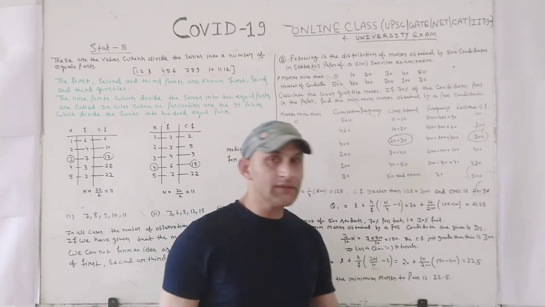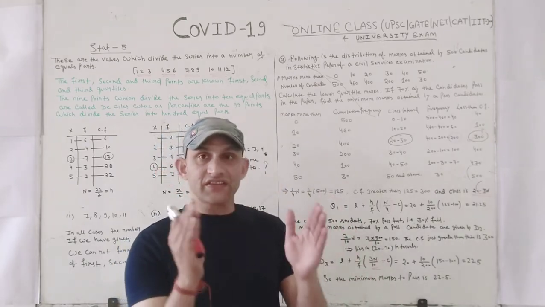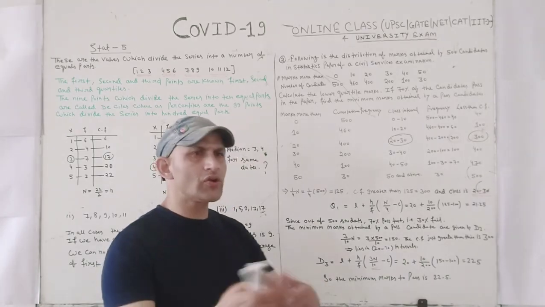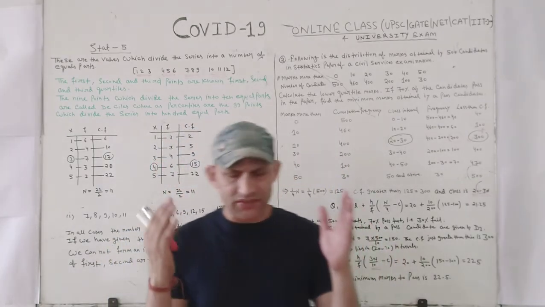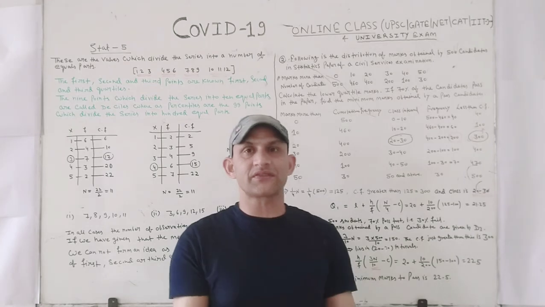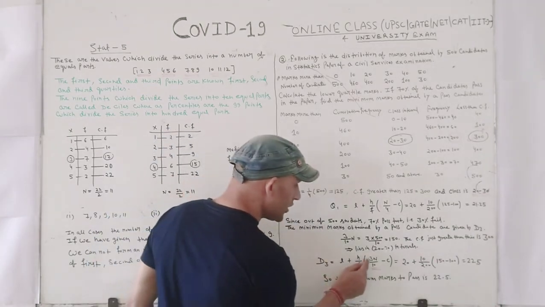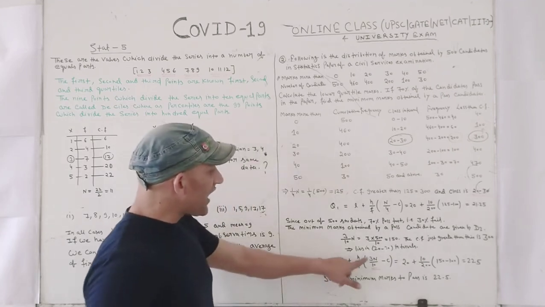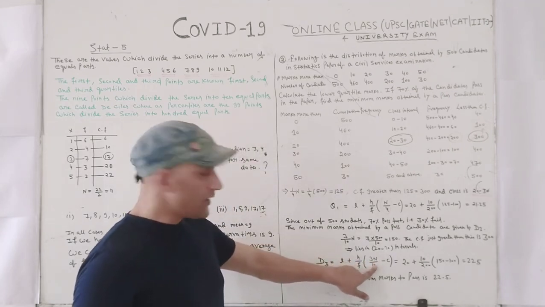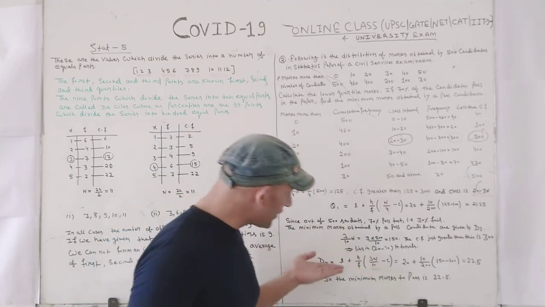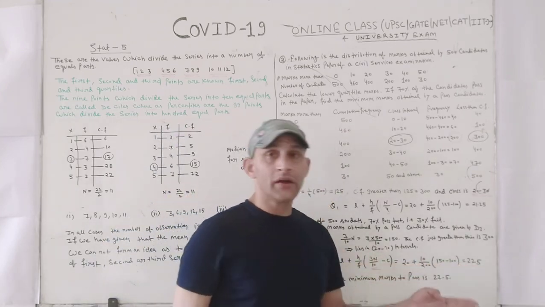Suppose someone asks for the 57th percentile or the 99th percentile. Many people talk about the 99th percentile. What is the meaning of this? In place of this, you will place 99n upon 100. Find all the values, then you will get the marks.